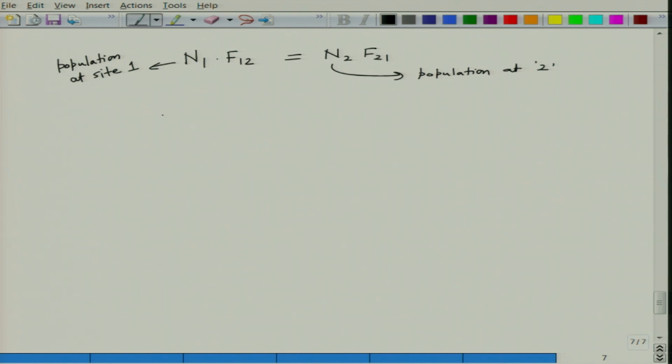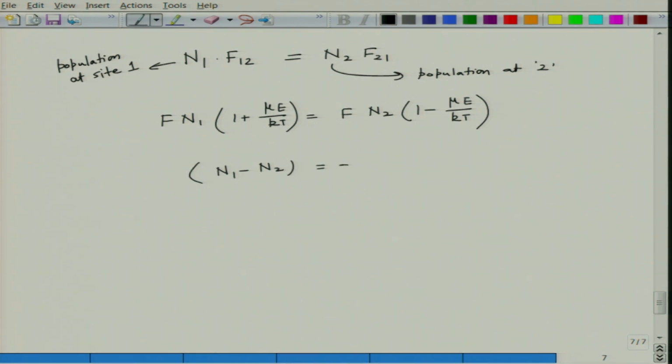So, we can say that this is equal to F into N1 into (1 plus mu E by kT) is equal to F into N2 into (1 minus mu E by kT). So, if we now do the simple maths here, N1 minus N2 is equal to minus of (N1 plus N2) into mu E by kT.